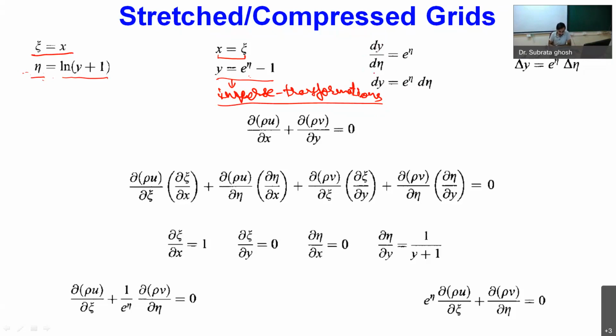So dy by d eta becomes equal to e to the eta, and dy becomes e to the eta times d eta. In terms of finite change, I can say that delta y is e to the eta times delta eta. It means the same distance delta eta is multiplied with exponential of eta, and corresponding to that we get our value of delta y.